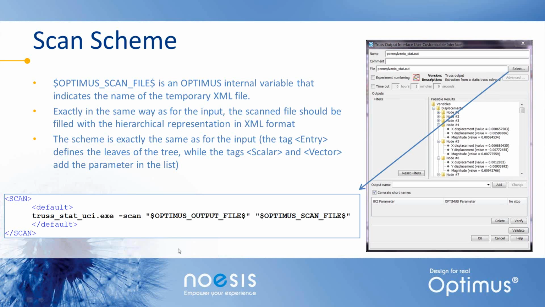We are scanning what is here called Optimus output file, in our case Pennsylvanians.out, and this will create a temporary XML file that is readable by Optimus and creates a list like that on your right hand side. What is important here is that you can also define vector and not only scalar values for the output UCI.